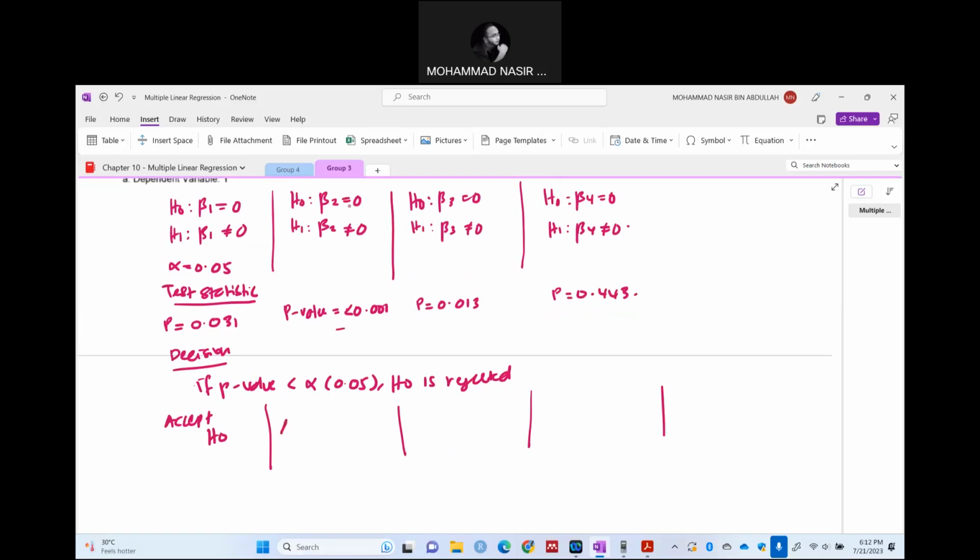And this one is also reject null hypothesis, and this is accept null hypothesis. So we can conclude that x1, x2, and x3 have a significant linear relationship with y.